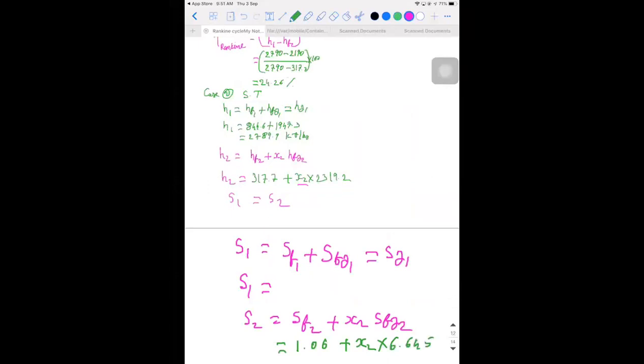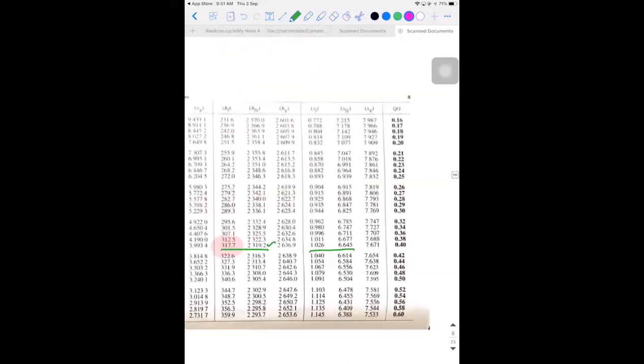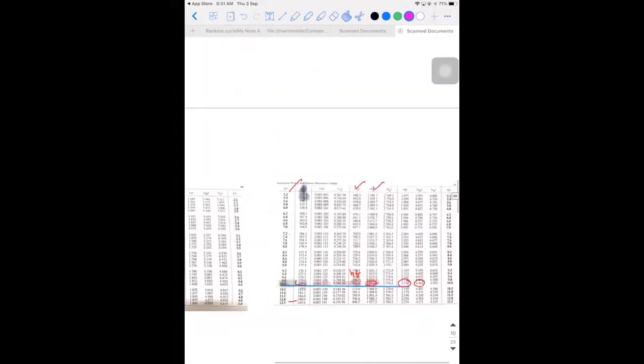6.645. And now I'll get back. This is S2. Now I'll go with S1. In case of S1, what is the pressure P1, sir? It is going to be 15.